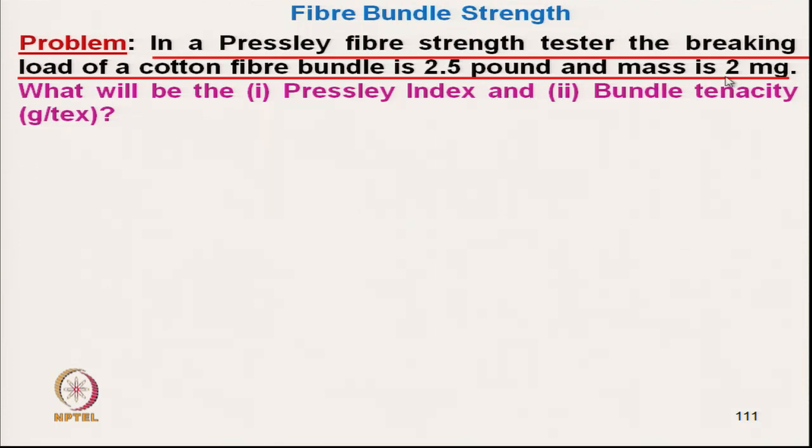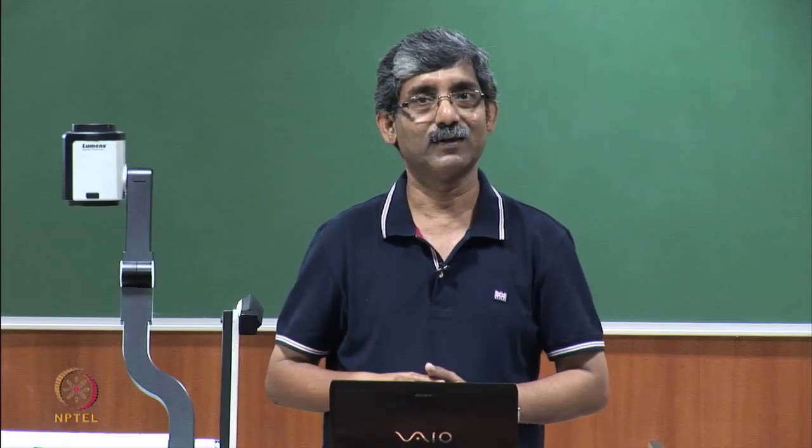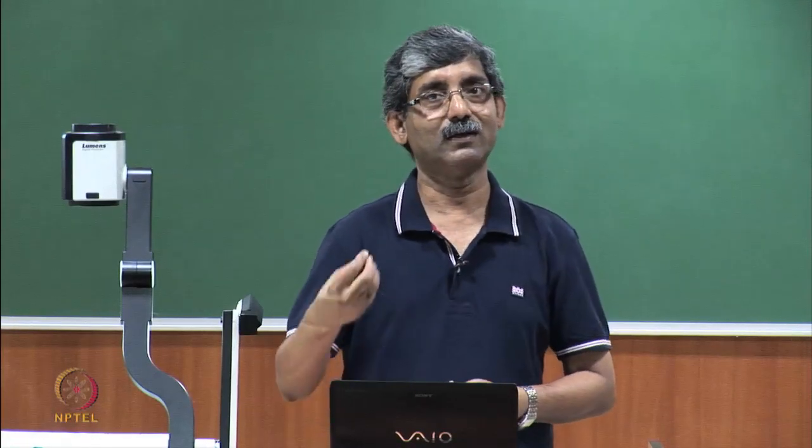So, in the Pressley strength tester or in the Stelometer, as I have mentioned, the jaw size or dimension of the jaw are exactly the same, they are interchangeable. Okay. And after breaking, if we want to get the gram per tex value, we must know the mass of the bundle.